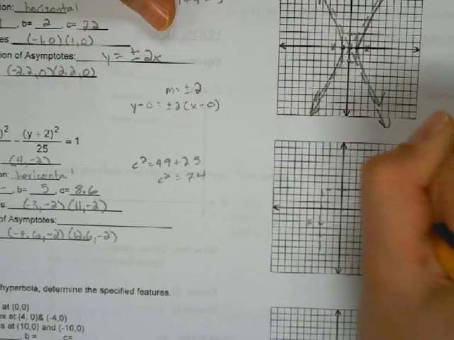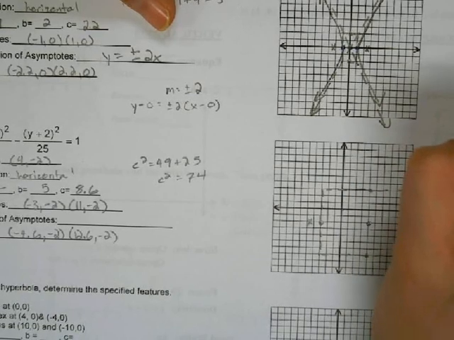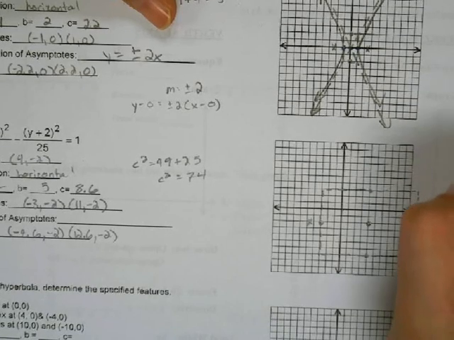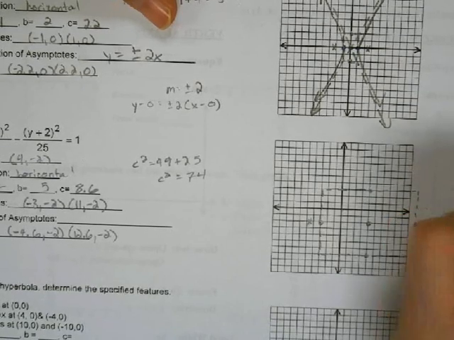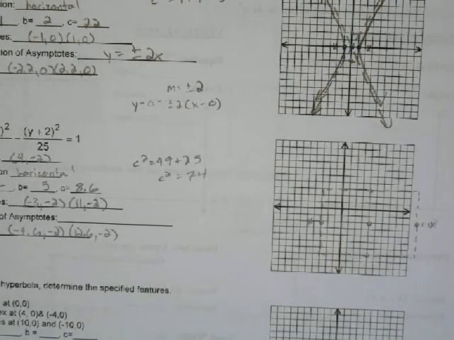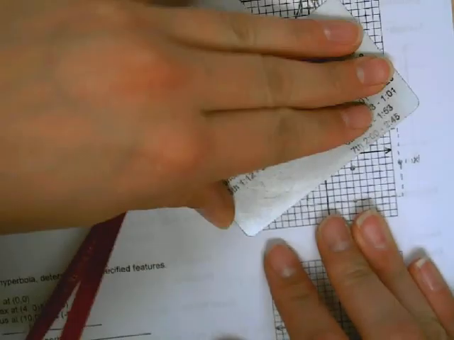I will be expecting you to make the box on the test, so keep that in mind. Please don't think, oh, I can draw all that without that. I'm going to expect to see the box when you take your test, because I want to see that your asymptotes are accurate.